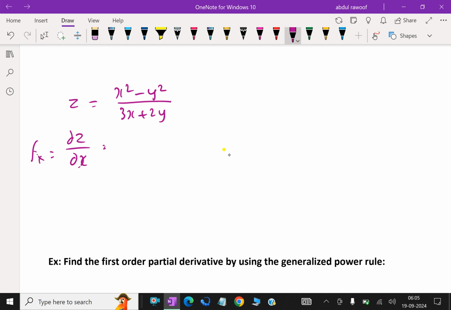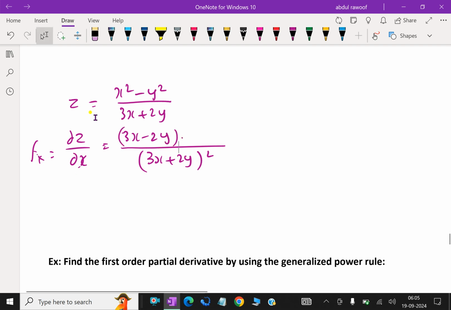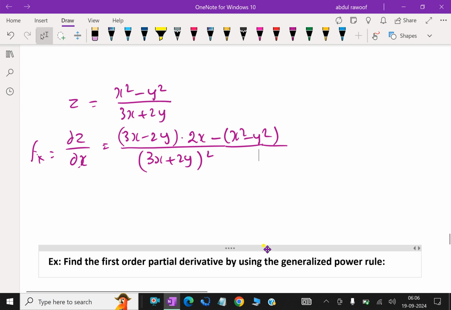Here equal square of denominator, that is v square, 3x plus 2y the whole square, and 3x plus 2y into derivative of numerator x square minus y square with respect to x is 2x, minus, then after that this function, that is x square minus y square, into, then denominator's derivative with respect to x is 3.